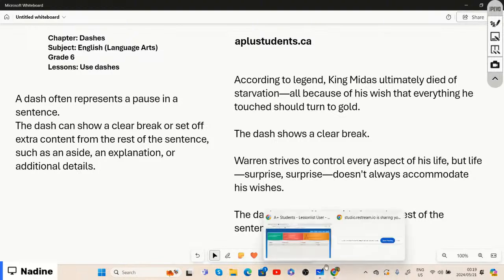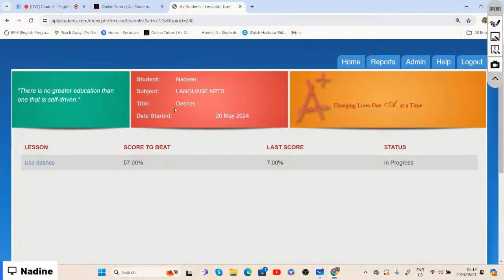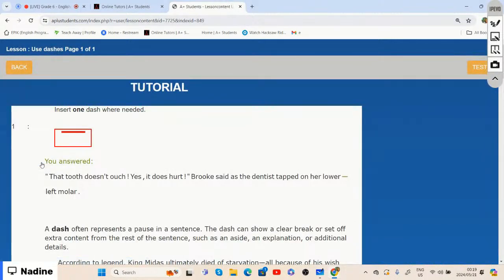We said our chapter is dashes, and the lesson that we are focusing on is to use dashes. So they're going to either tell us to add one dash or to add two dashes.